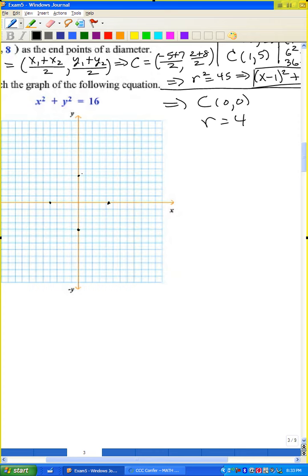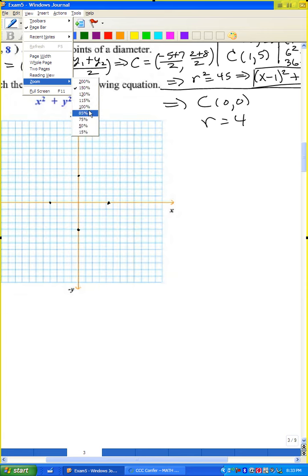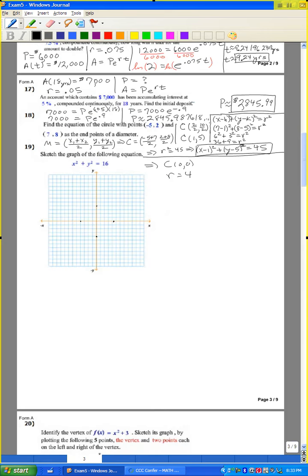Okay, so let's try that. I think I'm going to make it smaller. Maybe that will help. Okay, so let's see if smaller helps. Close enough.